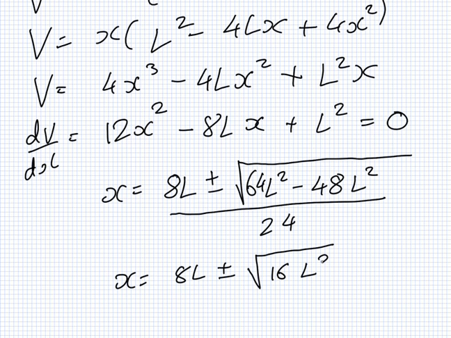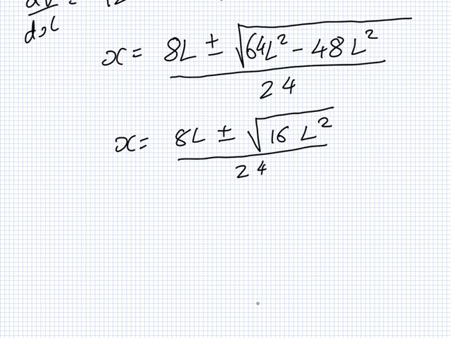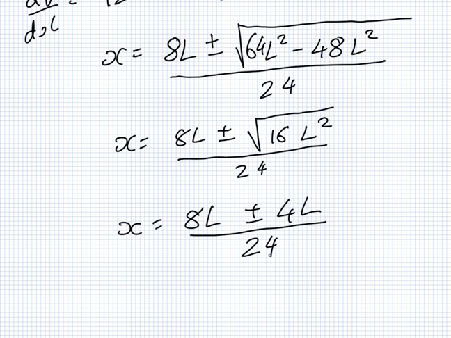X equals 8L plus or minus the square root of 16L squared all over 24. It is 16, isn't it? 64 minus 48. X equals 8L plus or minus 4L over 24.